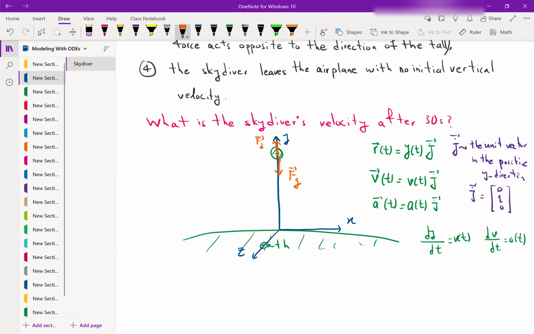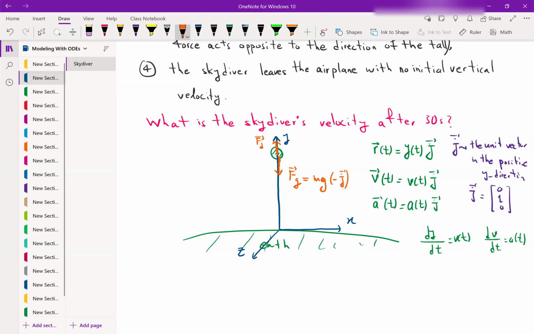Now, since it is pointing in the direction of negative y-axis, that is, it is pointing in the direction of negative j, as a vector, this will be mg times the vector negative j, right? Because it is pointing downward. Negative j is the unit vector in the downward direction along the y-axis.